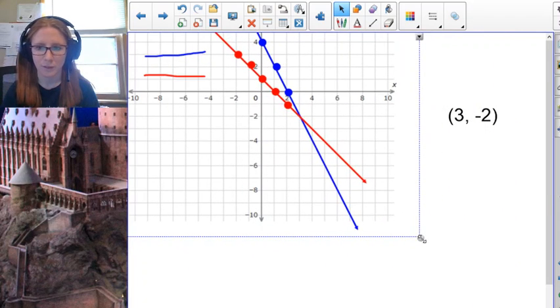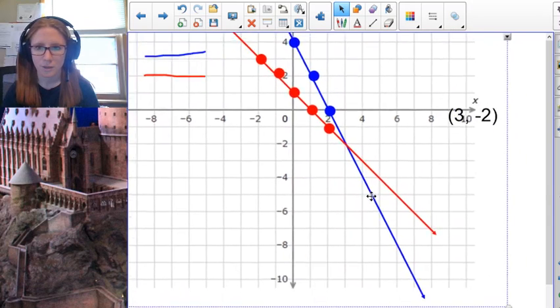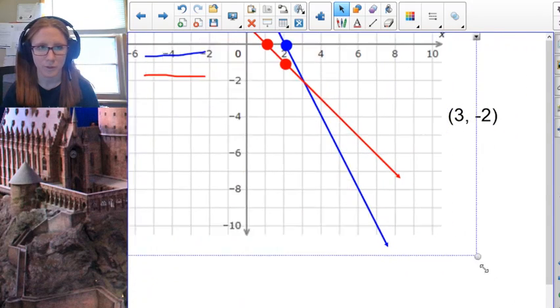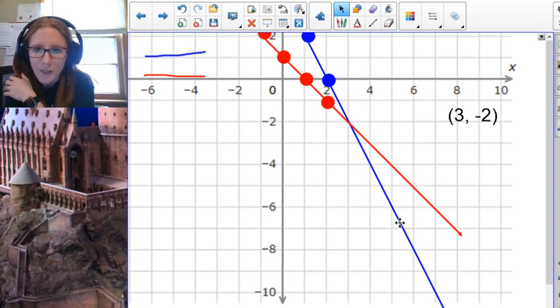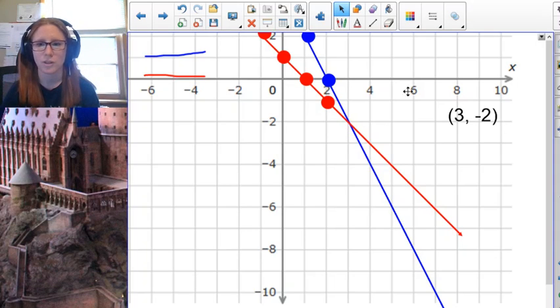So we see that we intersect in the 4th quadrant. I'm blowing it up so you can see it a little bit easier. I wanted to make sure the entire coordinate plane with 4 quadrants could fit on the picture, so I didn't have to move it around because that would be difficult. So we meet right here at 3, -2. So my solution is 3, -2.